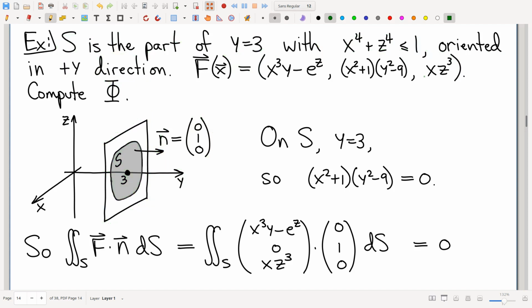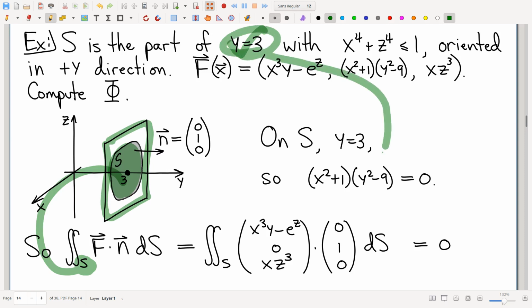But I think much easier, and we should all be in the market for easy, is to notice very conveniently that our entire surface, every point in the integral that we're interested in, in other words, is on this plane and therefore satisfies this equation. And therefore, this is 0.